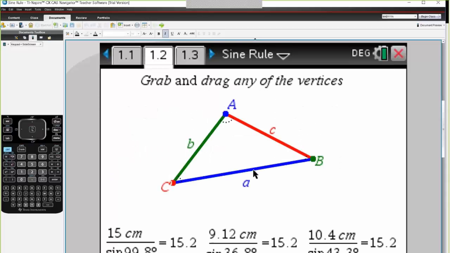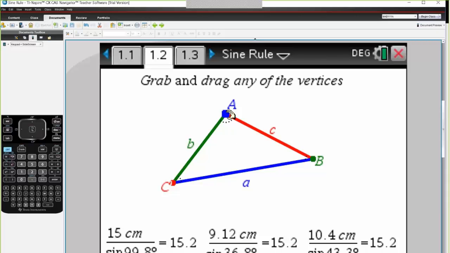In this one here, a geometry page has been set up that has the triangle there. You can talk to the students and remind them about labelling their vertices or their angles with the capitals, their sides with the lowercase, and down the bottom are the links there.